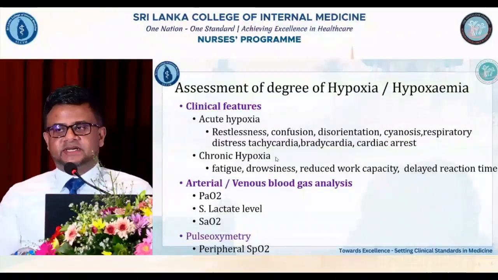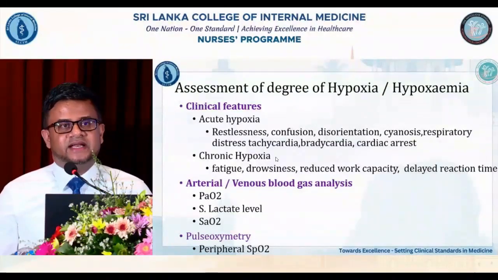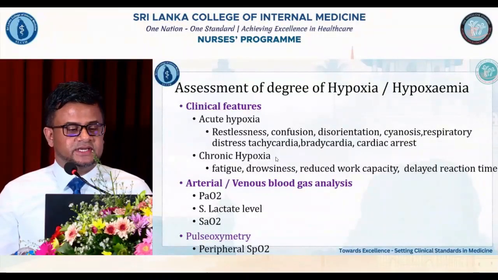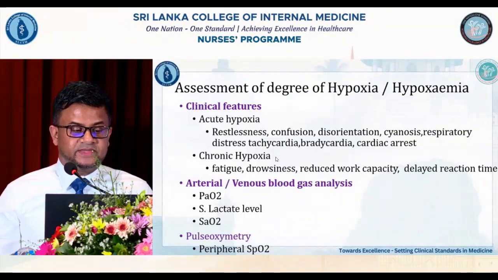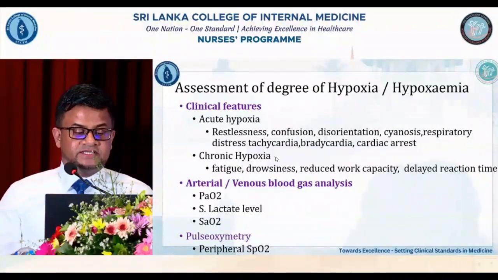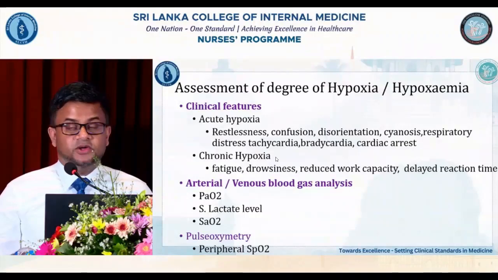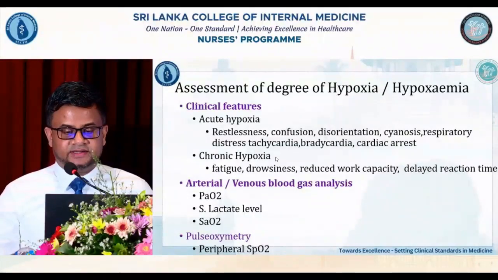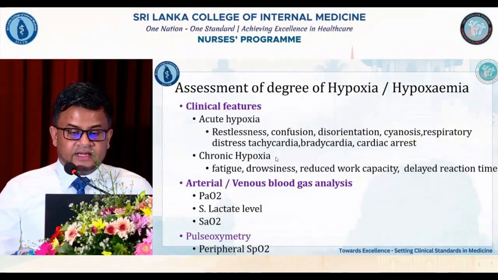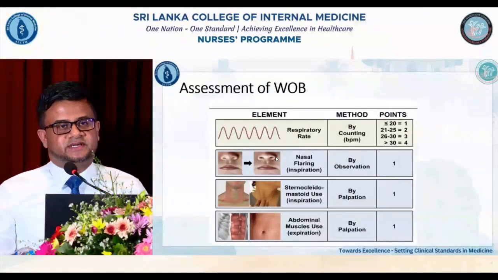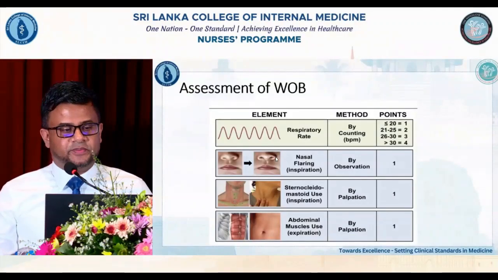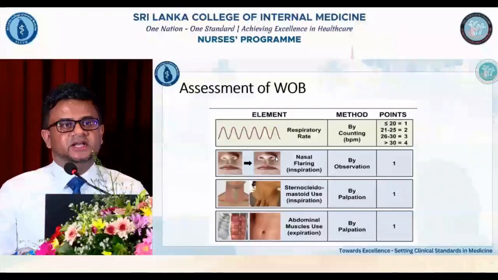Before prescribing, you need to have an assessment of the degree of hypoxia or hypoxemia. It depends on the clinical features, arterial blood gas saturation, or simply the pulse oximetry. Similarly, when you are the first contact of the patient, get an idea about the work of breathing of the patient, depending on the respiratory rate.